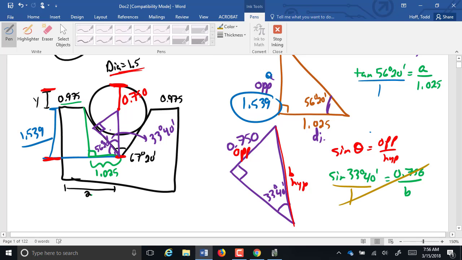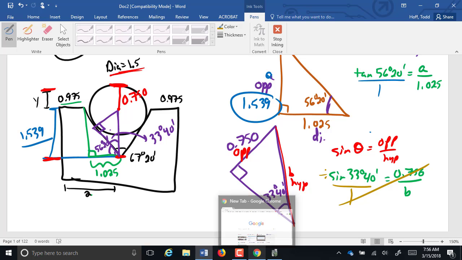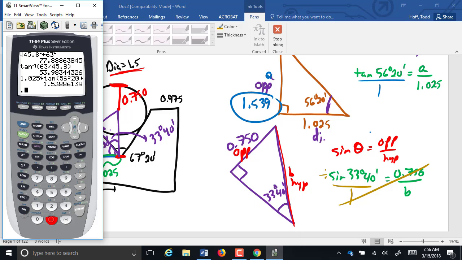We will cross multiply and divide. So 1 times 0.750 is 0.750, divided by the sine of 33 degrees 40 minutes, giving us 1.353.